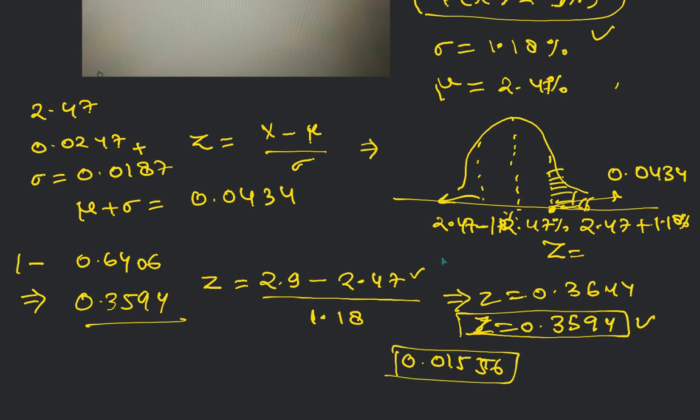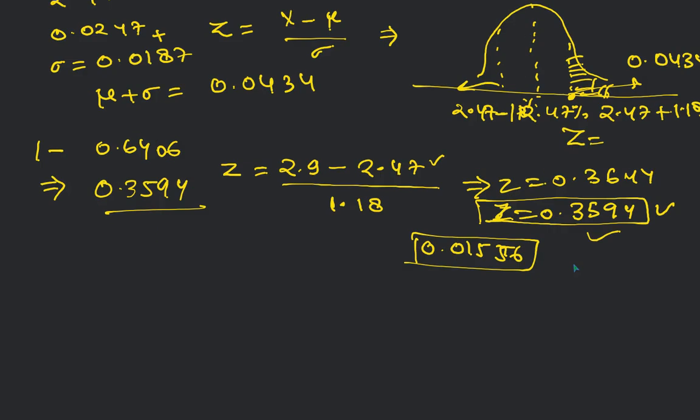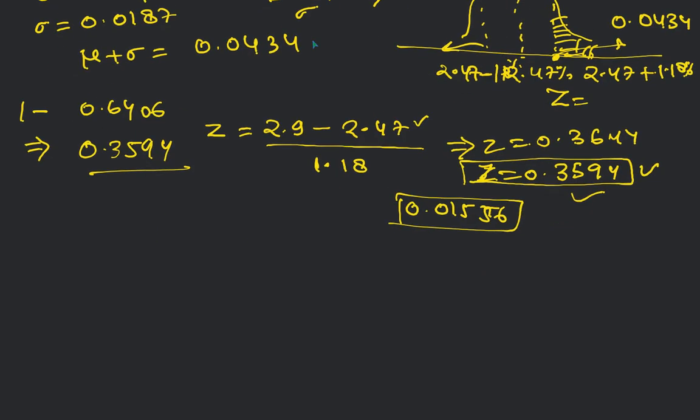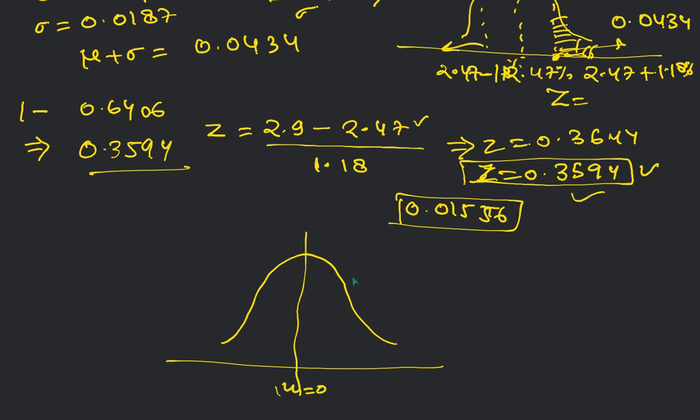Okay, I am getting this Z score. So it means the probability is 1.5%. If this is our mu equals 0 and standard deviation, let's say 1, then the Z score is basically 0.3594.